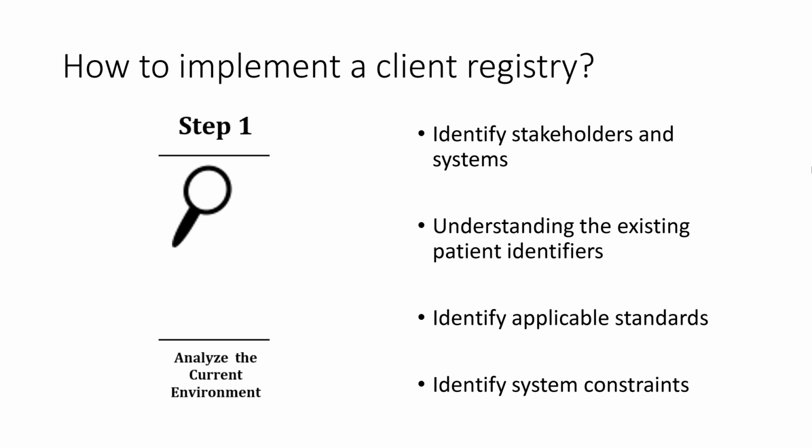Next would be to identify system constraints. What are these system constraints? Some of the constraints that we can specify would be the data capacity. What is the country's population? Is it 1 million, 2 million, 100 million? We must consider the country's population when making a client registry.